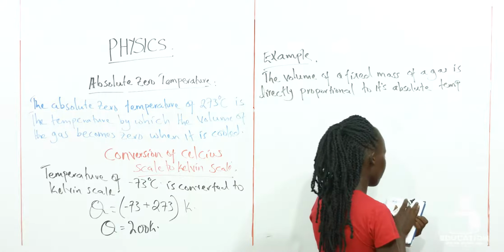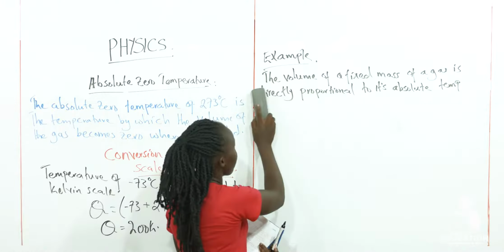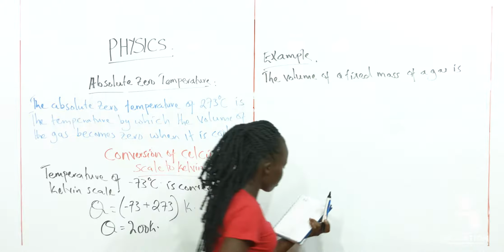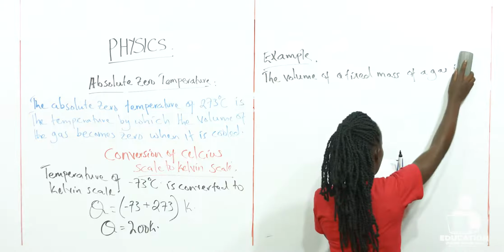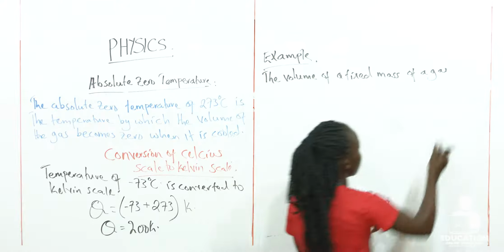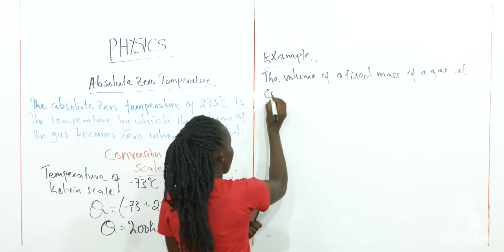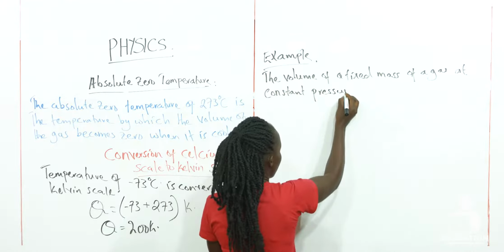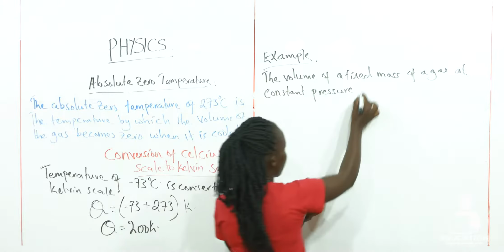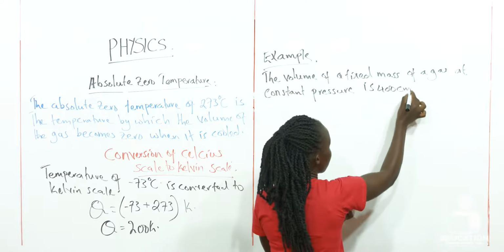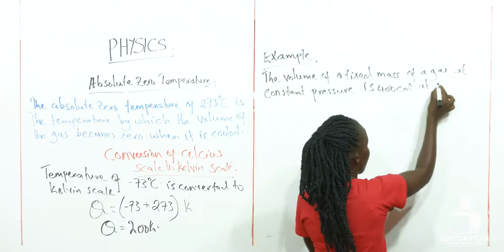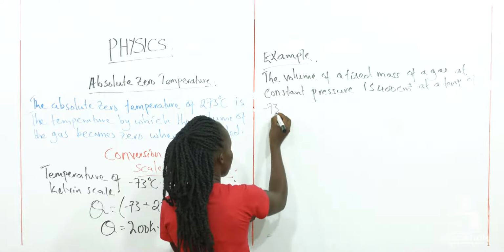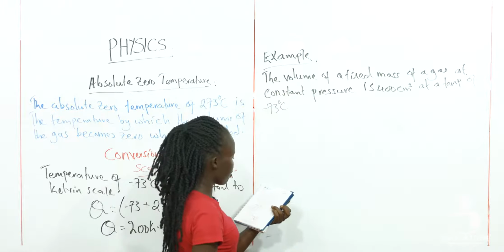The volume of a fixed mass of a gas at constant pressure is 400 centimeters cubed at a temperature of negative 73 degrees Celsius.